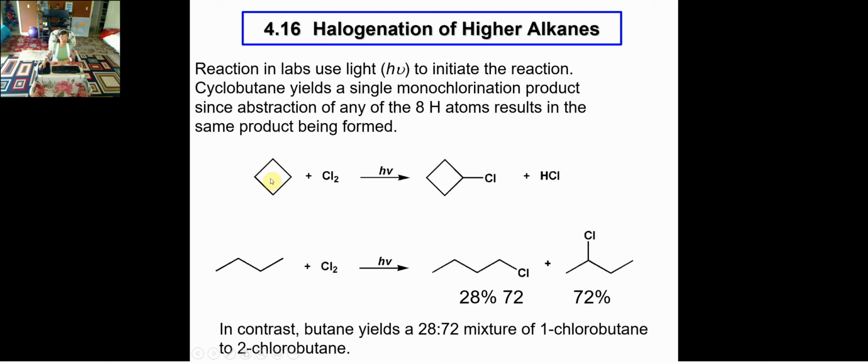It can be a cycloalkane, or a little larger n-alkane. For example, your cyclobutane reacted with your halogen chlorine, under light, produces chlorocyclobutane and HCl.